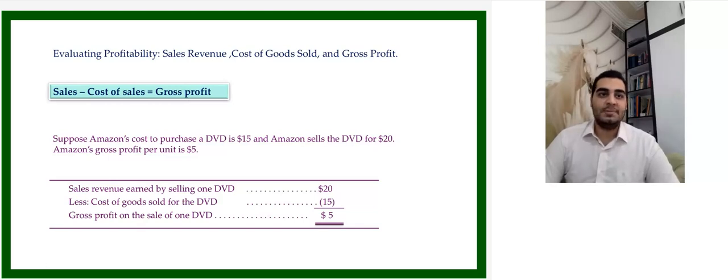So if Amazon's cost to purchase a DVD is $15 and Amazon sells the DVD for $20, Amazon's gross profit per unit is $5, because we subtracted our cost of goods sold for the DVD, which was $15, from the $20 that was sales revenue. The resulting amount is $5 for gross profit.